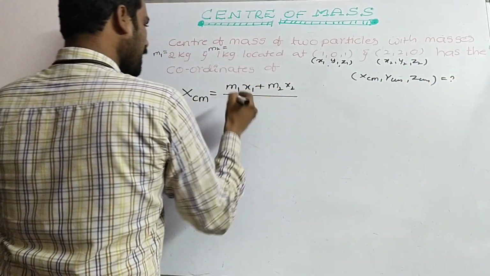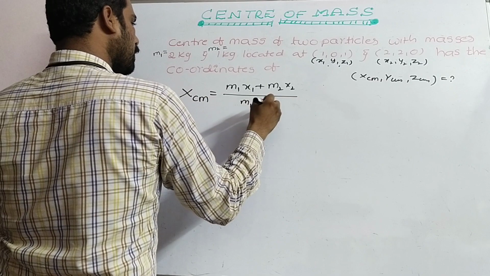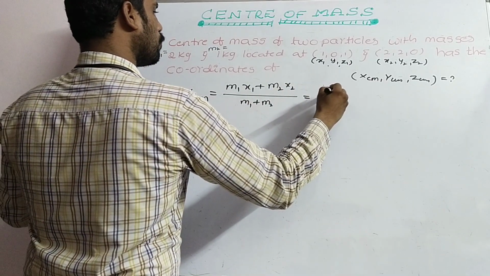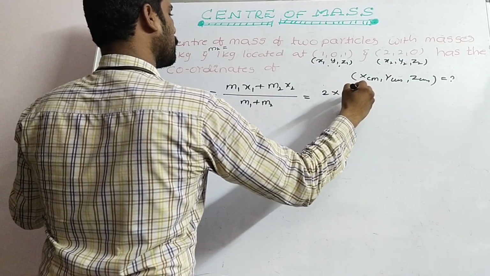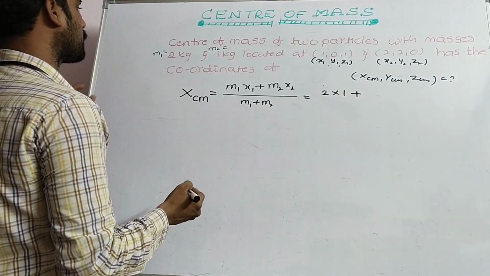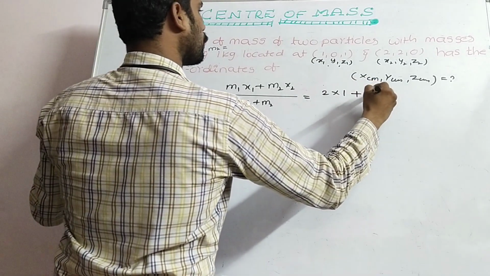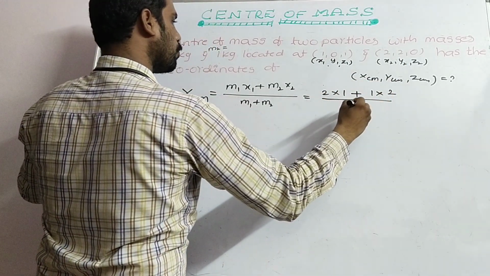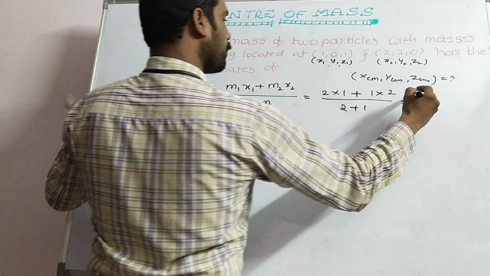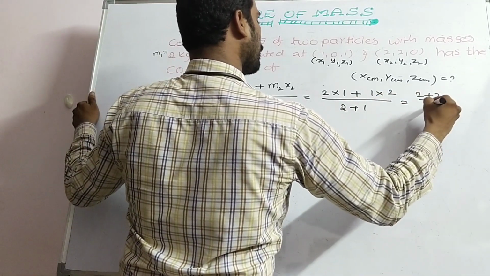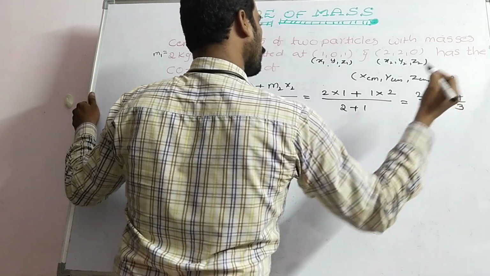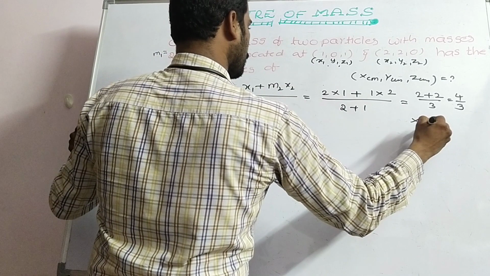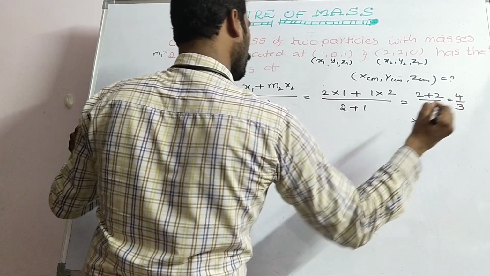That equals 2 into x1, which is 1, plus 1 into x2, which is 2, by masses 2 plus 1. That is equal to 2 plus 2 by 3, which equals 4 by 3. XCM is equal to 4 by 3.